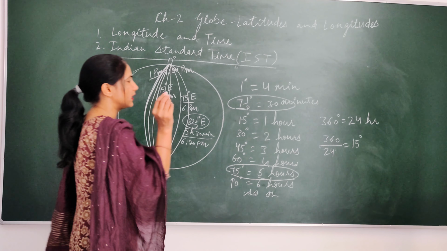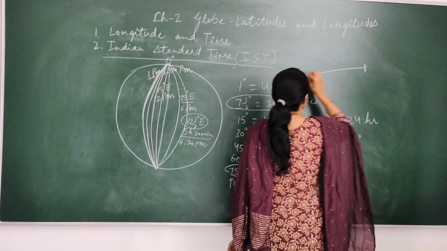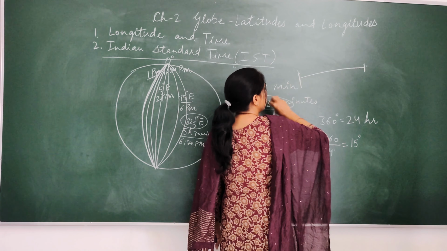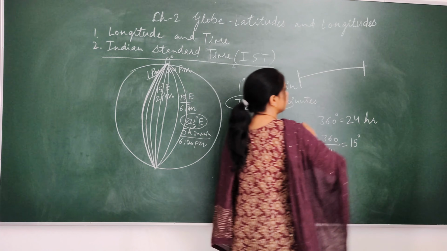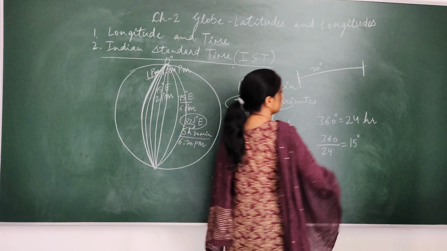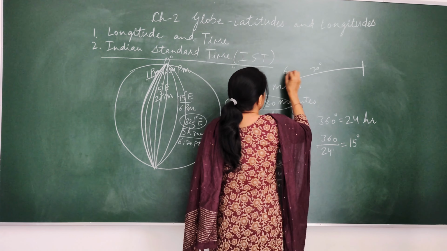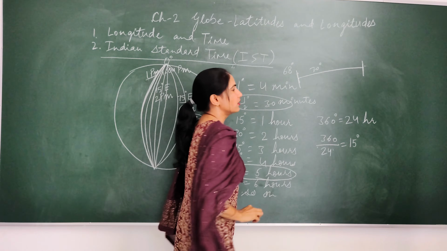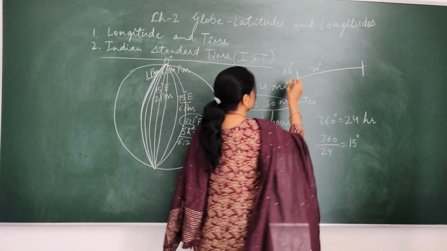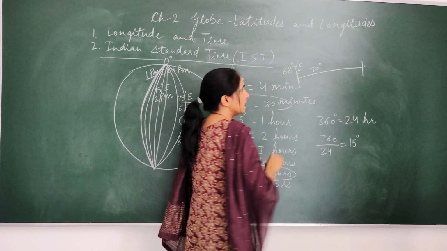As we observed in previous videos, the longitudinal difference between the eastern and western parts of our country is 30 degrees, because the westernmost longitude of India is 68 degrees 7 minutes east, and the easternmost longitude of our country is 97 degrees 25 minutes east.